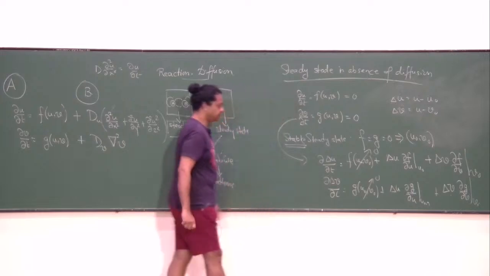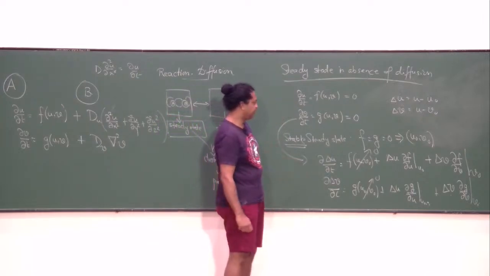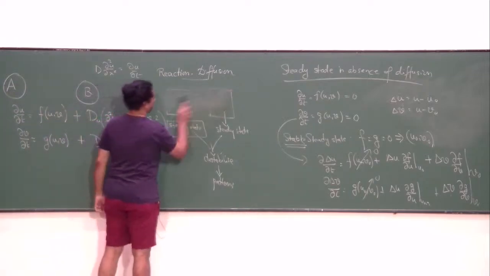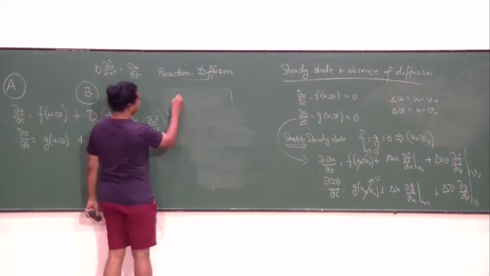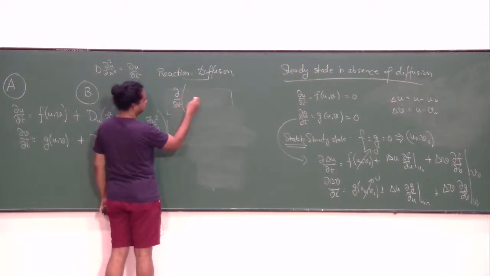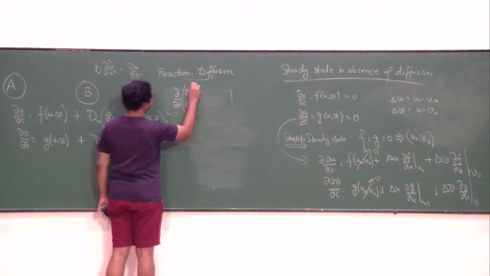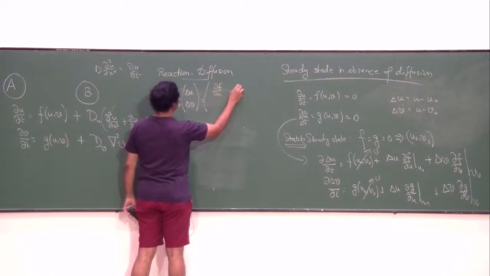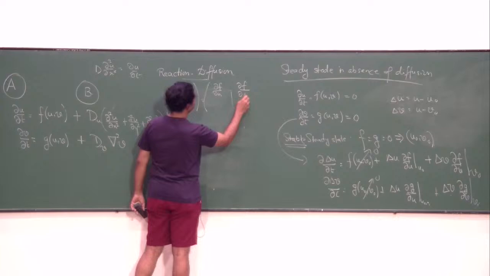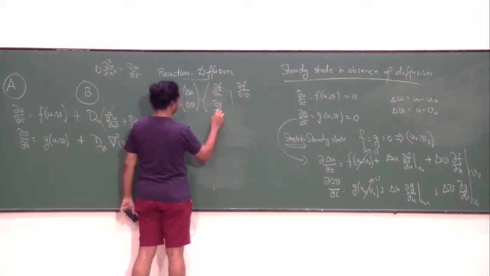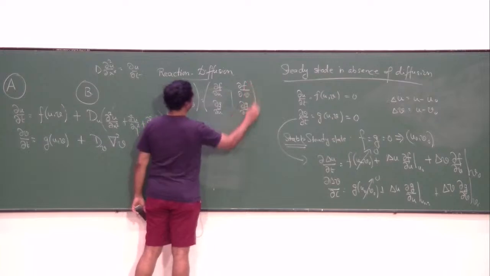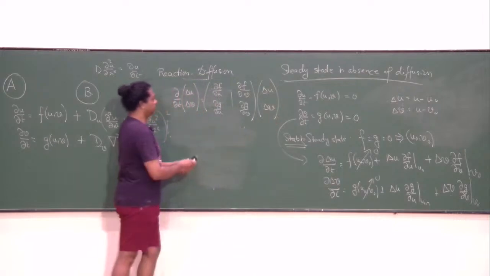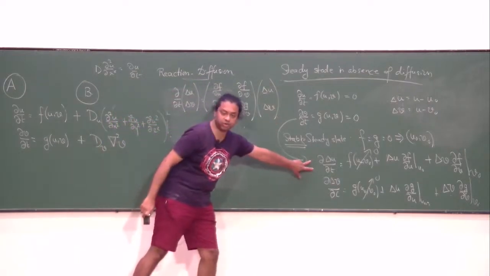So essentially the equation that we have to solve, we can write in this nice matrix notation: del T of these deviations, delta U delta V, is equal to the matrix del F del U, del F del V, del G del U, del G del V, times the vector delta U delta V. This is nothing but exactly these same equations rewritten in matrix form.